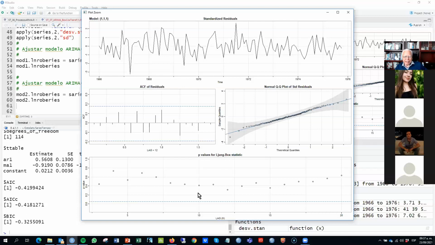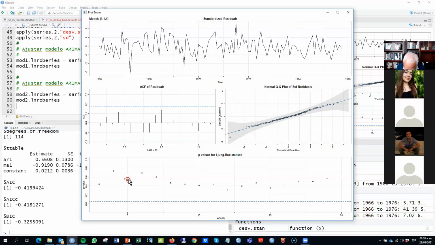And then this Ljung-Box statistic, we haven't said what this thing is, but essentially what this Ljung-Box statistic tests at each stage is, for example, if I take this one here, these are p-values. This is the p-value for which test?